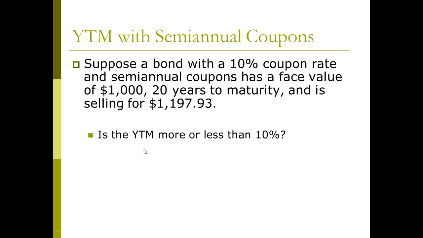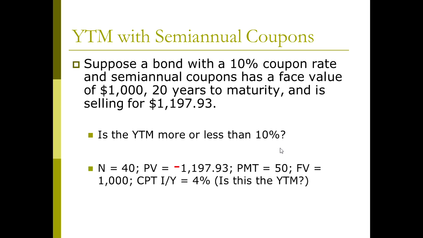First of all, you think about whether the yield to maturity is higher or lower than 10% before you're actually calculating it. Well, it's going to be lower, right? Because it's a premium bond. The definition of the premium bond is the coupon rate is higher than the discount rate. So that is why you are willing to pay a premium, or more than the face value.